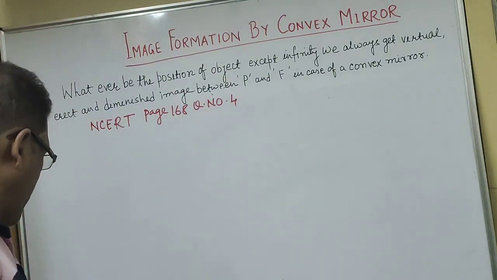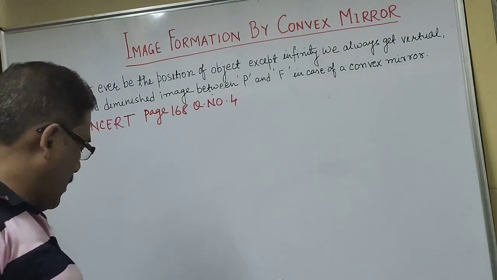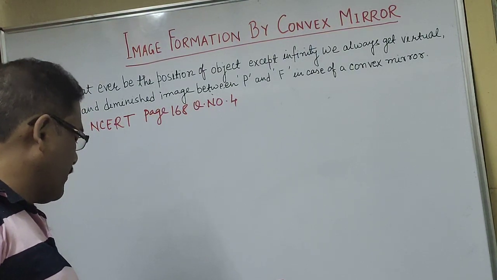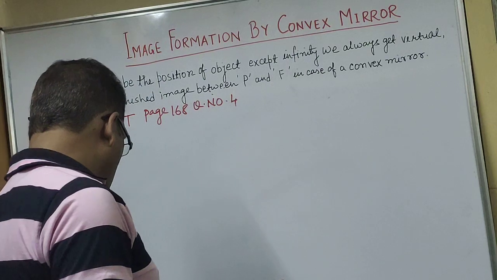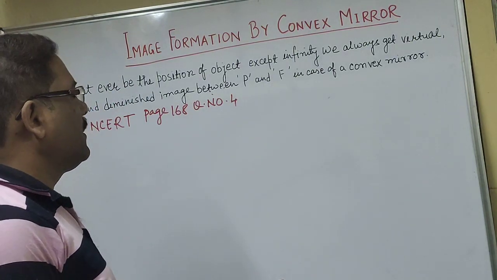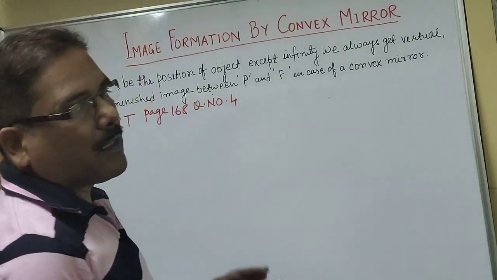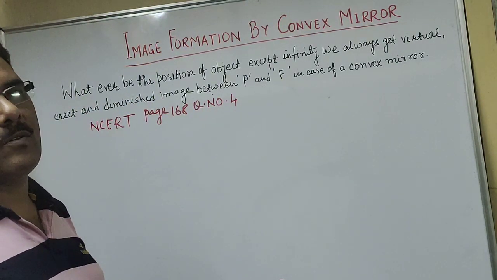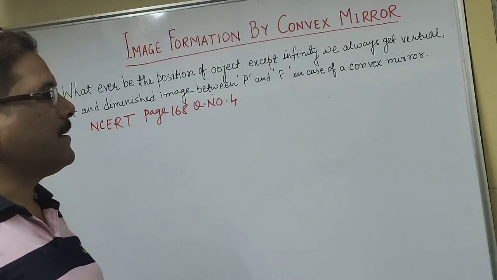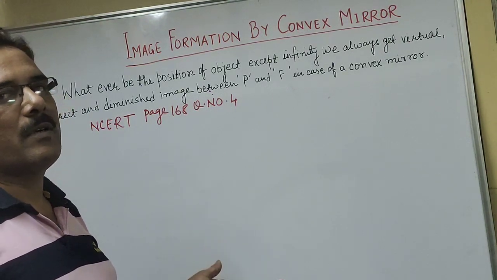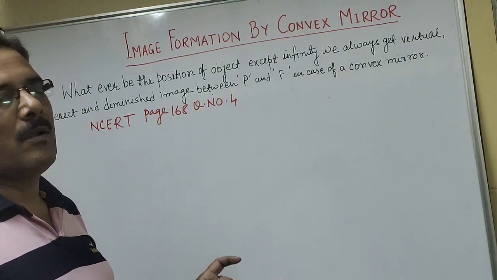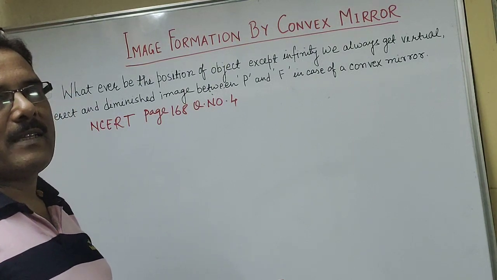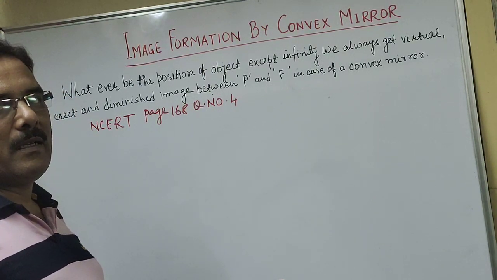Question number 4 is: why do we prefer a convex mirror as a rear view mirror in vehicles? A very important question. You will write that we use a convex mirror as a rear view mirror due to the following reasons. First, the convex mirror is curved outwards, so it has a large field of view. And the second important thing, whatever be the position of the object, we get virtual erect images. That's why a convex mirror is used as a rear view mirror.